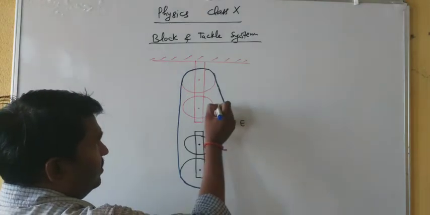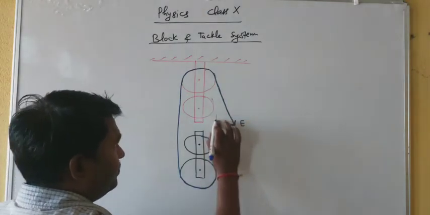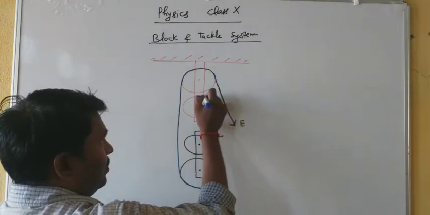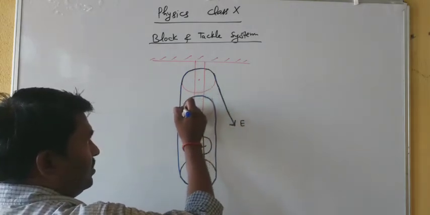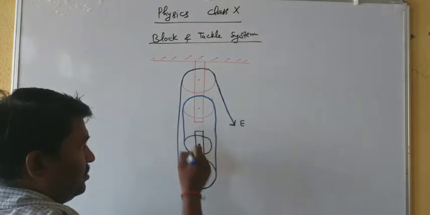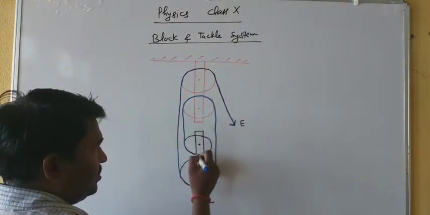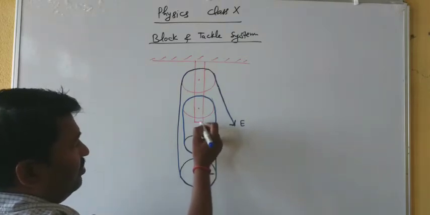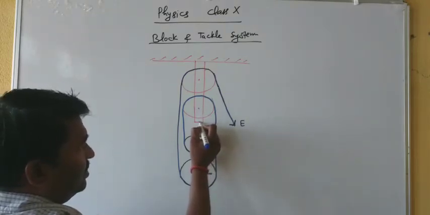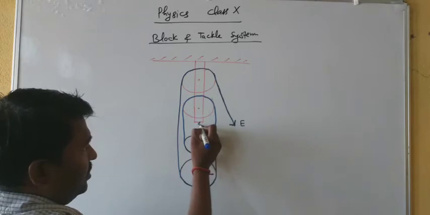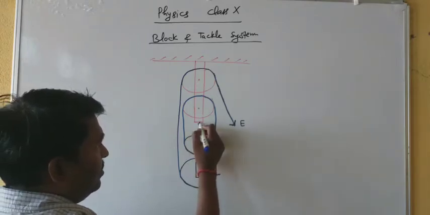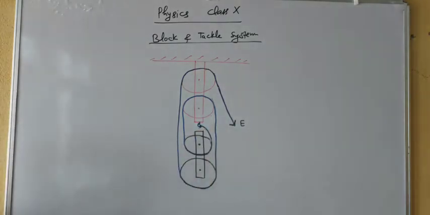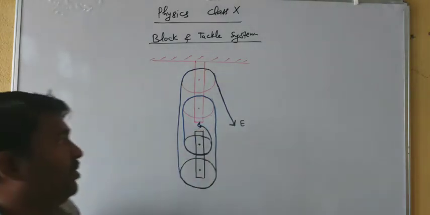Thereafter, from here, it will pass through this, coming down it will pass through it. Now it will be tied with the hook of the upper block.